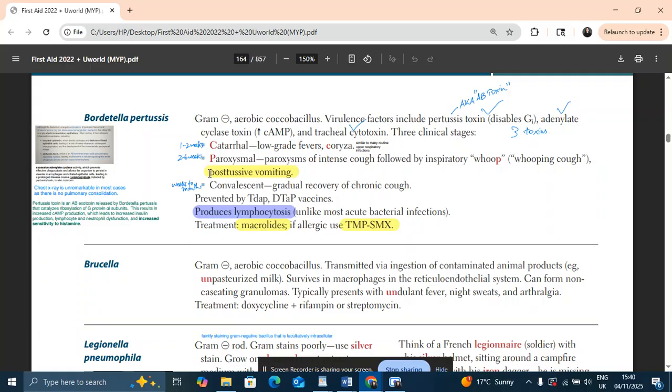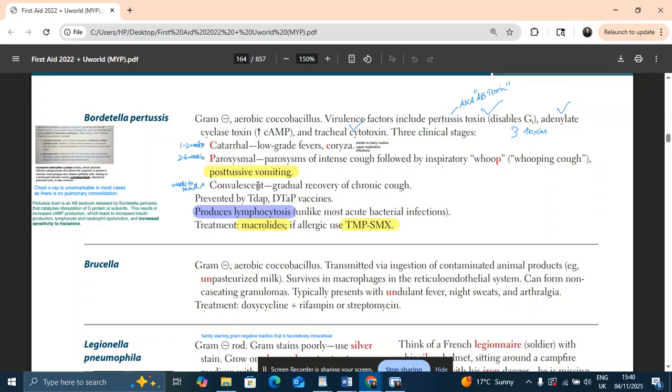In adult patients, they usually have post-tussive emesis, post-tussive vomiting, which is an episode of vomiting after the paroxysm, after whooping. Then the third stage is the convalescent stage, which lasts for weeks to months, and there is a gradual recovery from chronic cough.